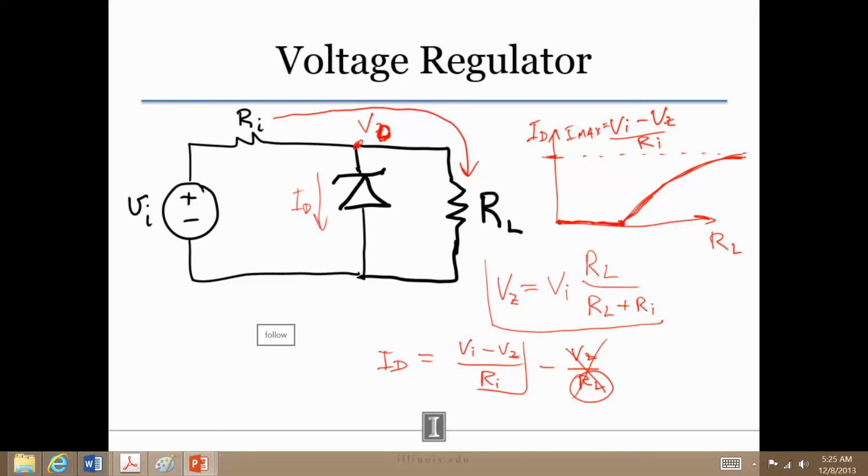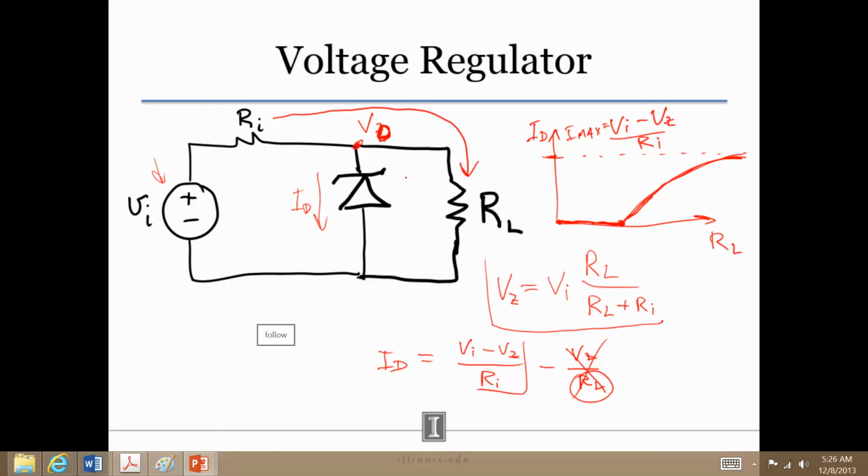So when we have a very large load, we ensure that the voltage across the load doesn't increase ultimately to the value of input voltage if we just use the voltage divider, right?